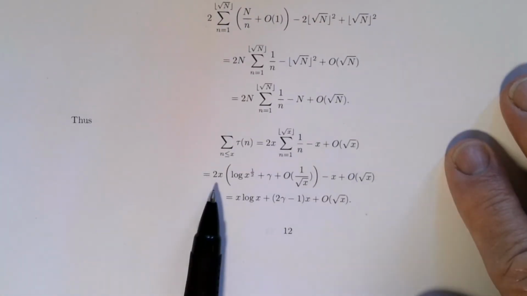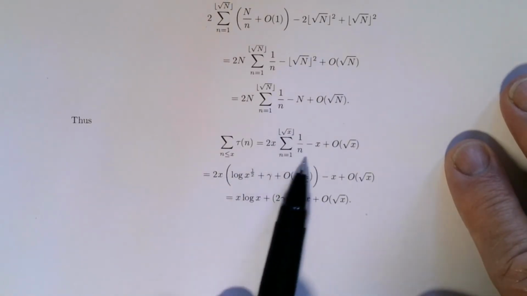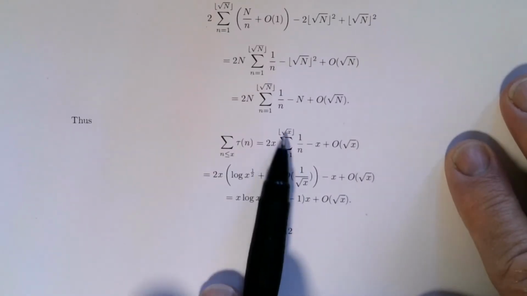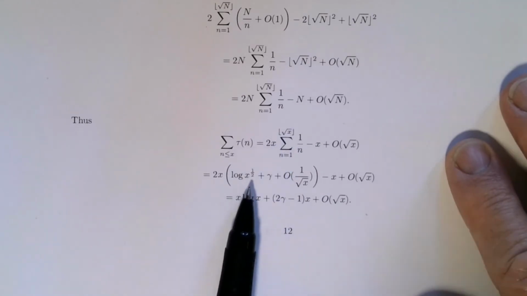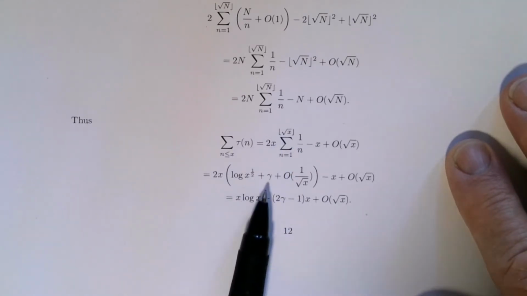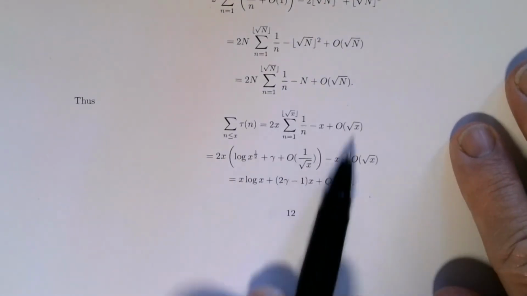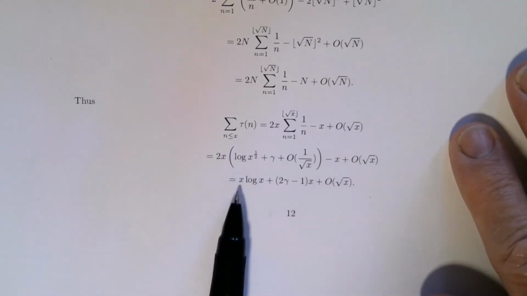And now from our lemma, we know how to sum this thing, so I can simply replace this. This is the sum up to the square root of x, so this is now log of root x, plus gamma plus big O(1 on root x), and then minus x plus big O(root x). And finally, when we simplify this using the log laws, we're going to get x log x.